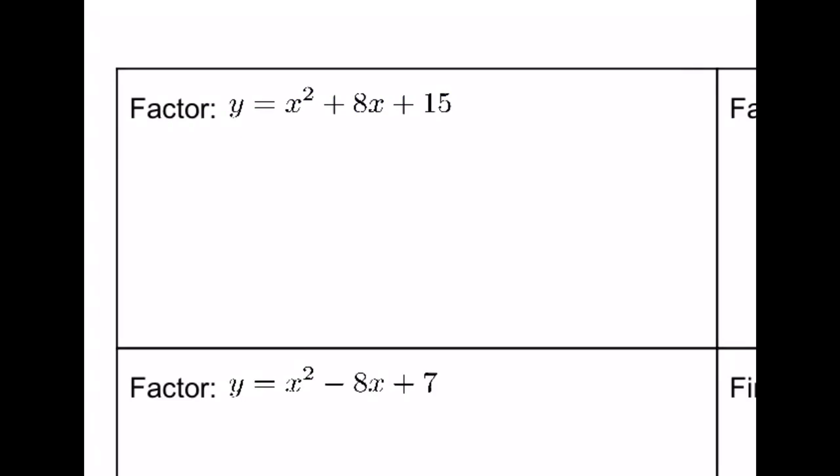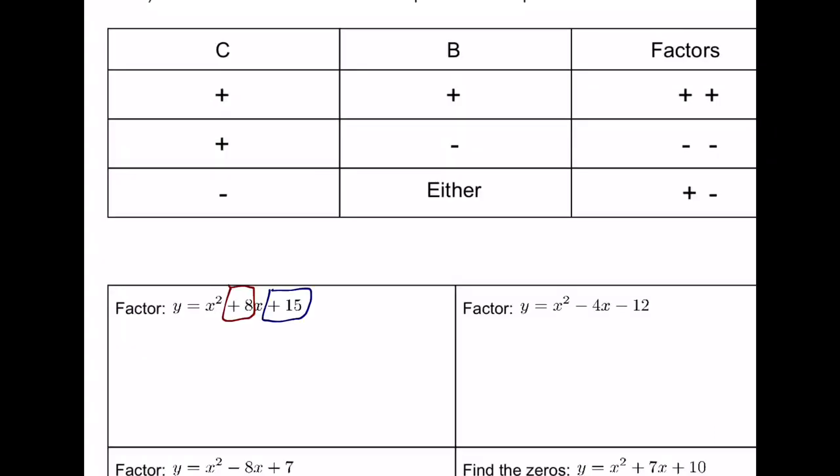So in this first problem, we can identify that our c value is a positive 15 and our b value is a positive 8. Looking back at this table for just a moment, when c and b are both positive, our factors are going to both be positive as well.